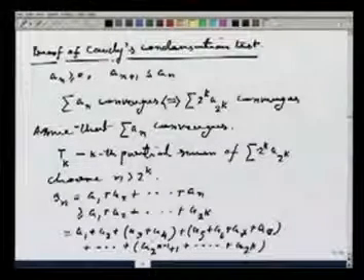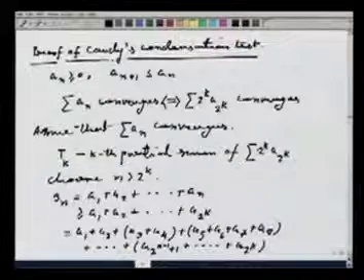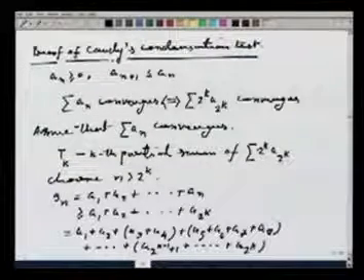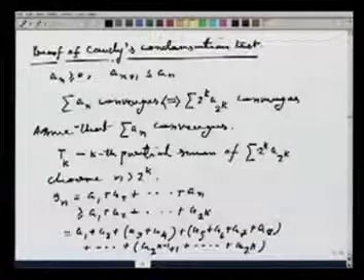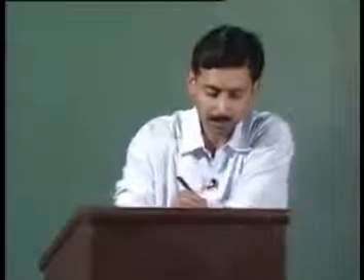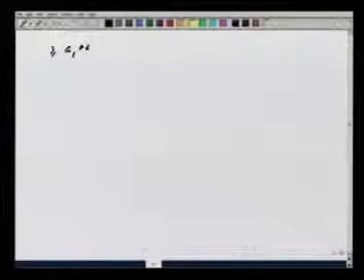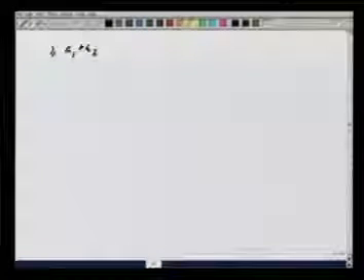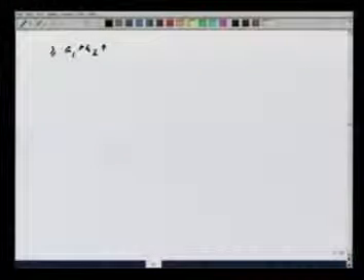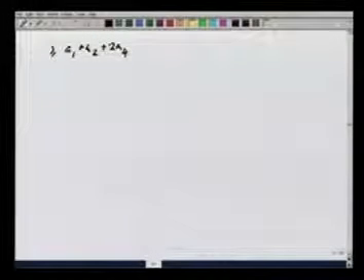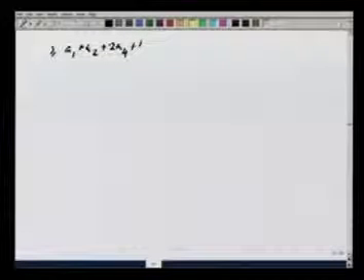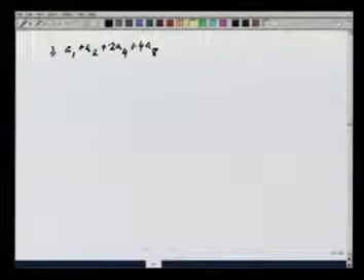For example, in the first club there are 2, in the second club there are 4, that means 2 square elements, and in the last there are 2 to the power k many elements. Now I say that this is bigger than or equal to a1 plus a2, then I had a3 plus a4, but a3 is bigger than or equal to a4 because it is decreasing. So this I can write as twice a4, then I can write 4 a8. It goes on like that.